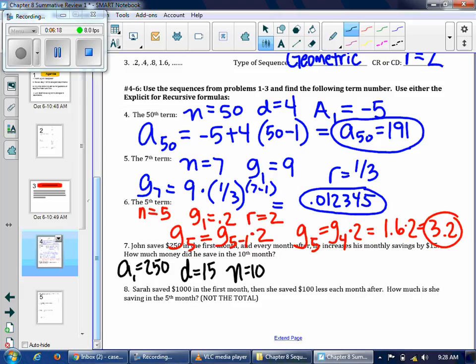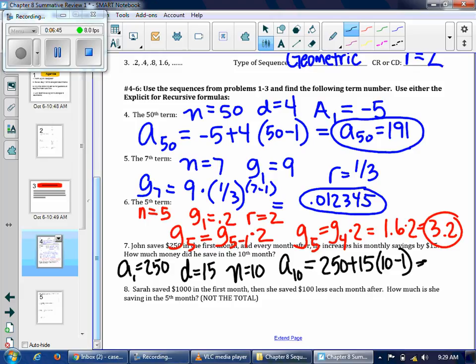We are going to use the explicit formula because we're finding the 10th month, which is pretty far down the road. So here's the formula. Sorry guys, I didn't compute that one, so you're going to have to do that one on your own. You would take 9 times 15 and then add 250, and there's your answer.